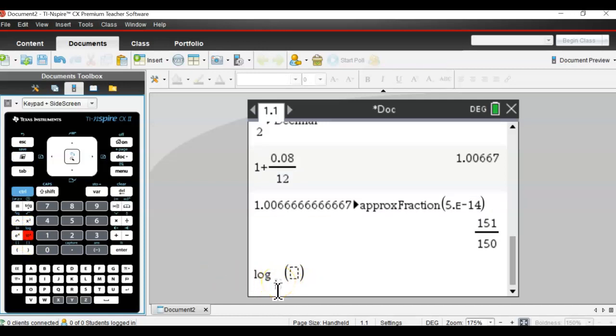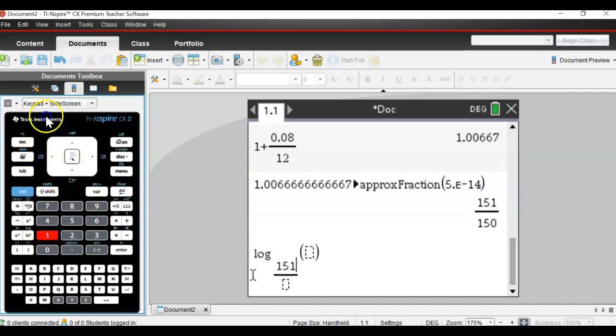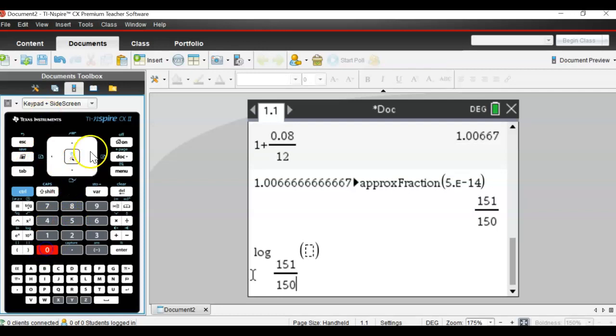If we were using a scientific calculator, you would have to use the change of base formula to find your answer. For this question, you don't have to, and it's awesome. So down here at the base, I'm going to hit control, division symbol to get my fraction up, and I'm going to put 151 over 150. I'm going to do that of, in that parentheses here, 1.5.